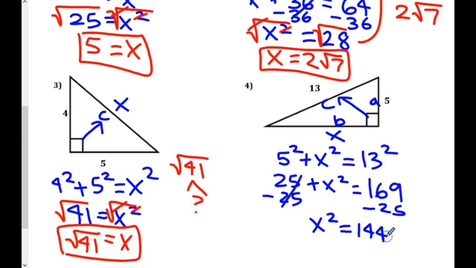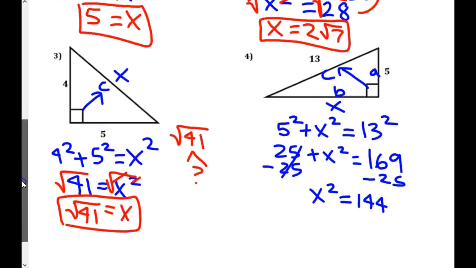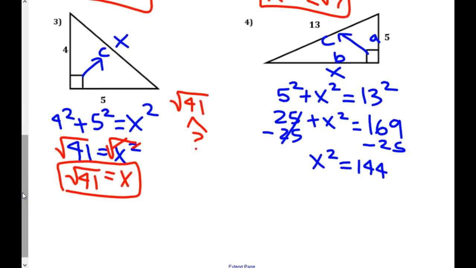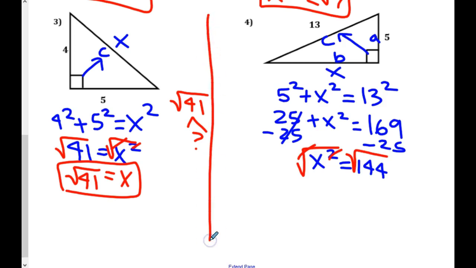144. Okay. So, like before, I want to do the square root. And off to the side here, I'm going to try the square root of 144. Now, real quick, does anybody know what the square root of 144 is?